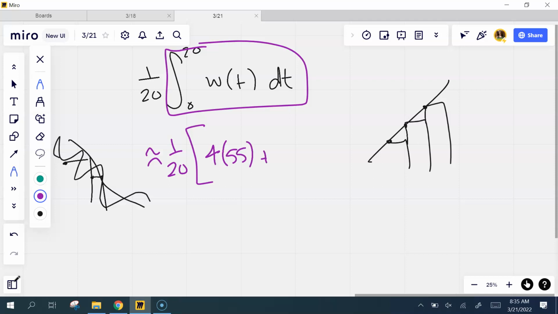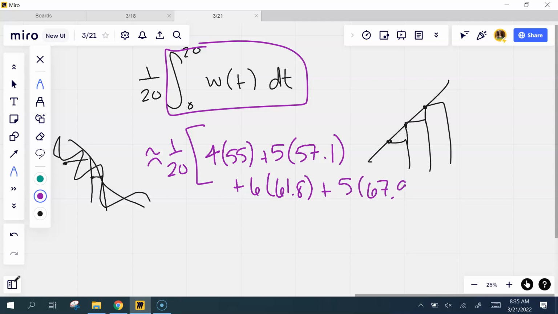Plus, now I go to the next rectangle. From 4 to 9 is 5. Left sum would be 57.1. Plus, and then from 9 to 15 is 6, using the left value. And then 15 to 20 is 5, use the left value.